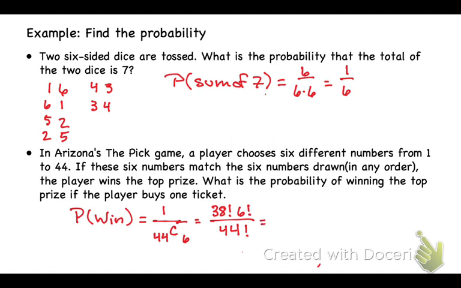And then I have 6, 5, 4, 3, 2. 44, 43, 42, 41, 40, 39. I went up and I should have gone down. Thank you. 39.